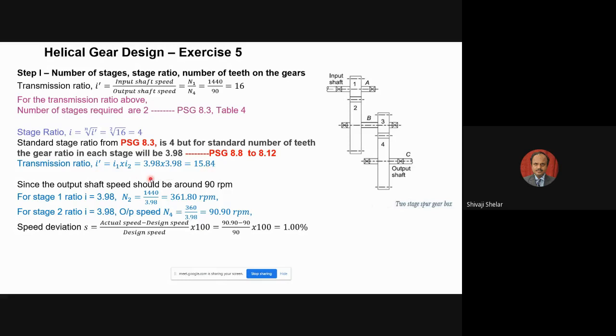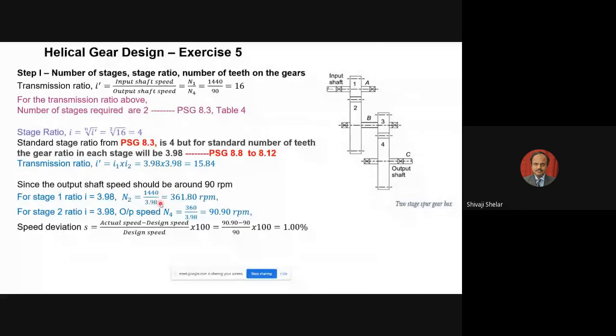Now, since the output shaft speed should be around 90 RPM, this is the required speed at the output. We are expecting 90 RPM at the output shaft. If we take the stage 1 ratio, that is 3.98, and try to determine the second shaft speed based on the input shaft speed, the input shaft speed is 1440 RPM and the stage 1 ratio is 3.98.